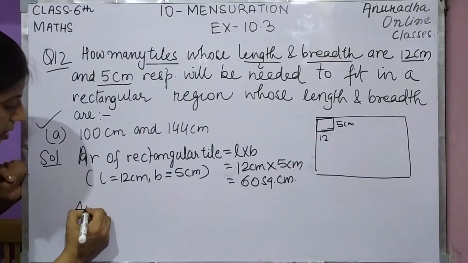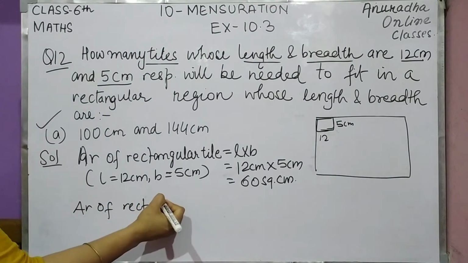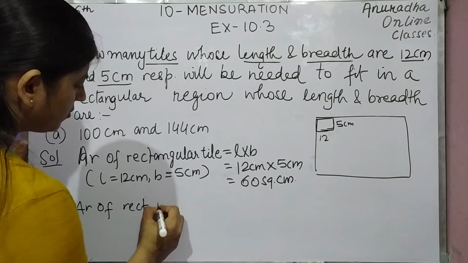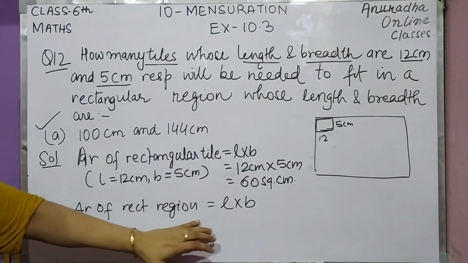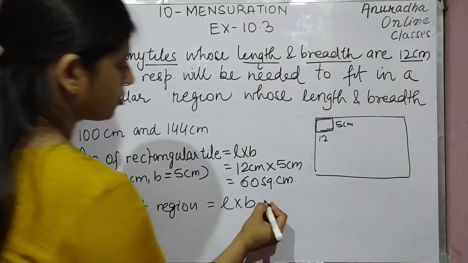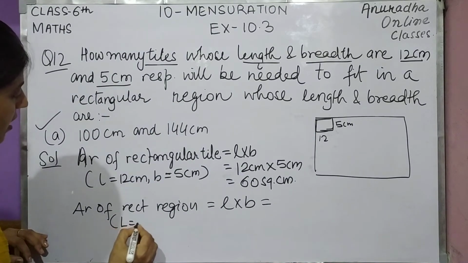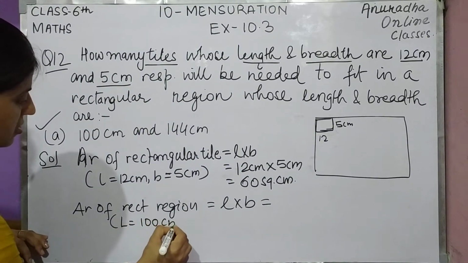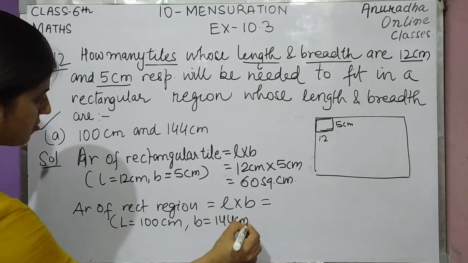Now, what we need is area of the rectangular region. See, area of rectangular region is L into B. What is your L? Our L is 100 centimeter and our B is 144 centimeter, right?